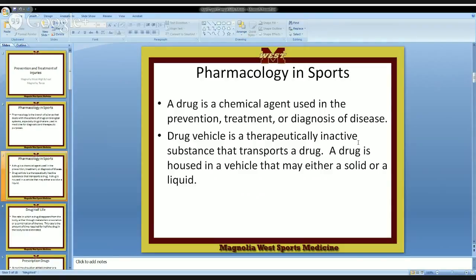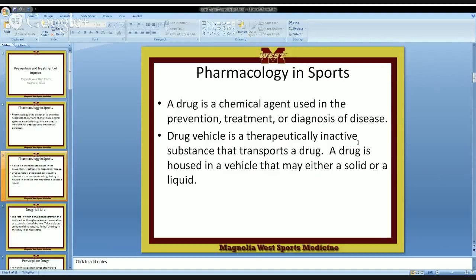So the inactive ingredient is the drug vehicle. All right. So that's one example. Like if you have a wart, you can put it like compound W, and that will work. What about hydrocortisone cream? The cream itself is the vehicle. The hydrocortisone is the drug.